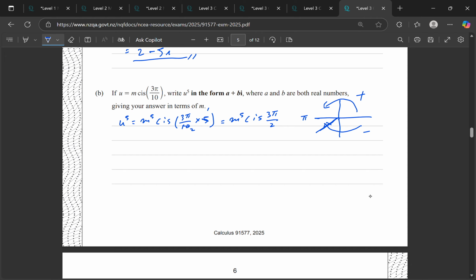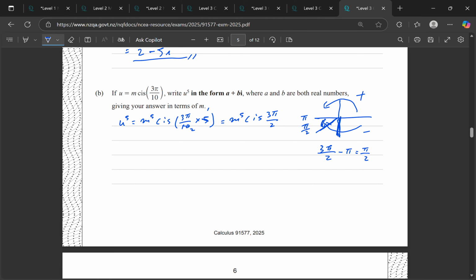So instead of saying 3 pi over 2, you have to say minus. 3 pi over 2 take away pi is pi over 2, isn't it? So that much is pi over 2, which is right there. Yeah, 3 pi over 2, that's 270 degrees, isn't it?